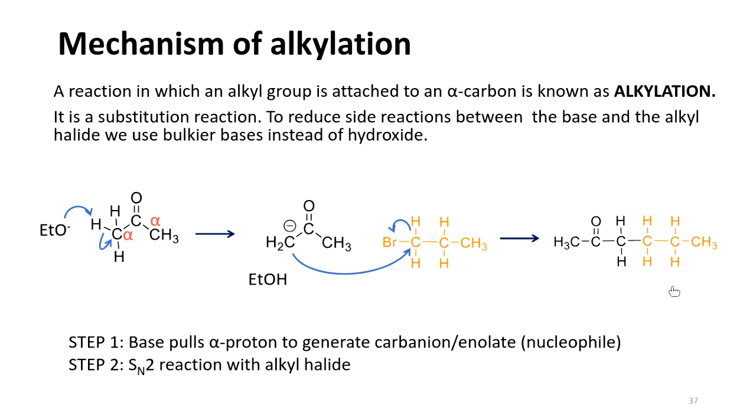This reaction is known as alkylation because you're adding, or extending, the alkyl chain. So the first step is to generate our carbanion, which becomes our nucleophile. The nucleophile attacks the alkyl halide like any other nucleophile that we have seen before, and we have extended the carbon chain. And so this reaction is called an alkylation reaction.